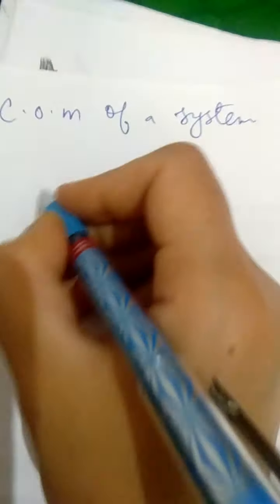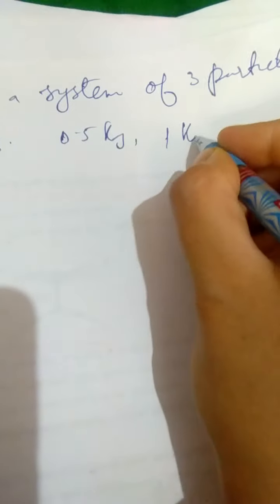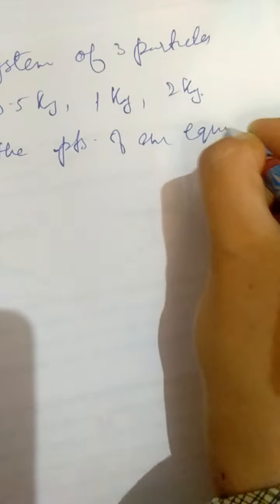Similarly, I may give you another example: find the center of mass of a system of three particles of masses, say 0.5 kg, 1 kg, 2 kg, located at the points of an equilateral triangle.